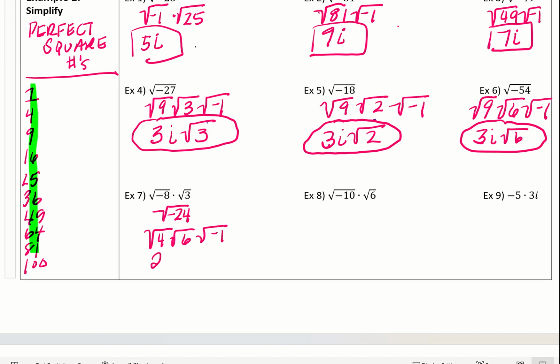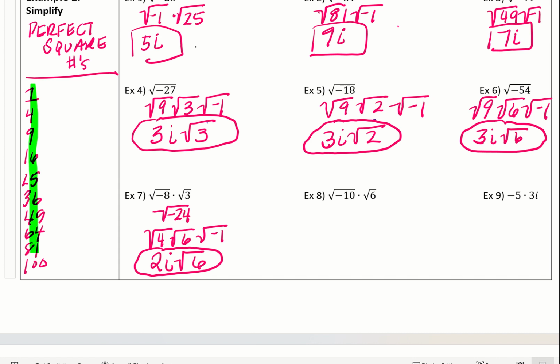So I get 2i, because that root negative 1 becomes i, root 6. Root 6 doesn't need to be broken down to root 3 and root 2 because those aren't perfect squares. The only reason we break them down is if there's a perfect square factor that divides into them.